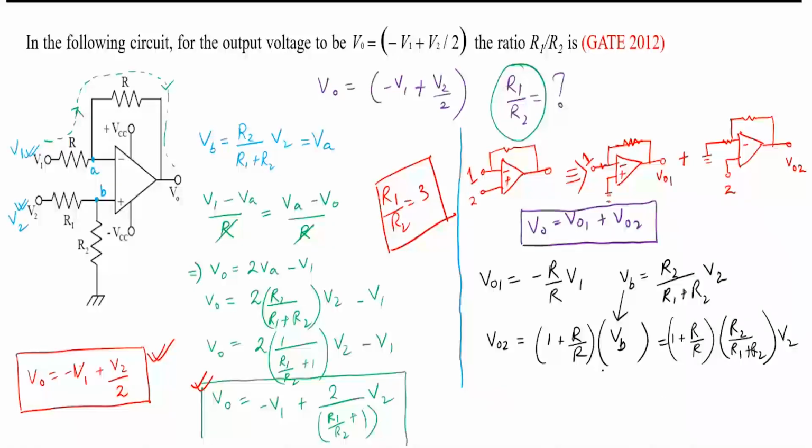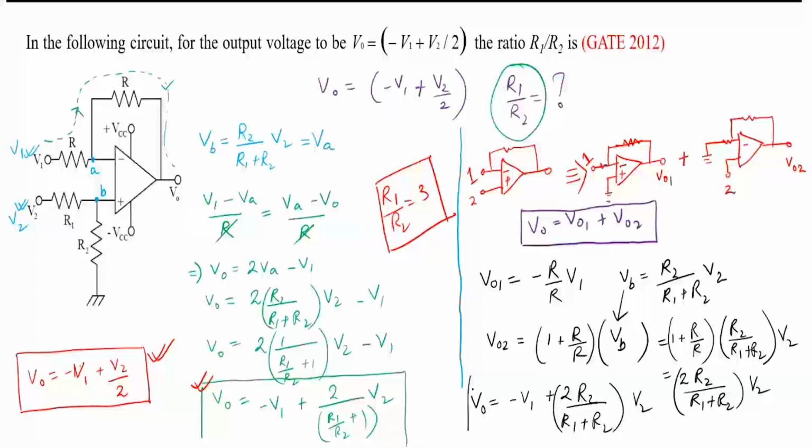And if you sum up, this is nothing but 2 R2 by R1 plus R2 into V2. Now, what will be the net output? Minus V1 plus 2 R2 by R1 plus R2 into V2. Now, you can see that both the expressions are the same.